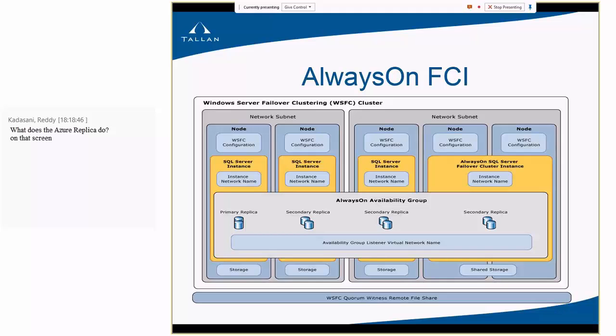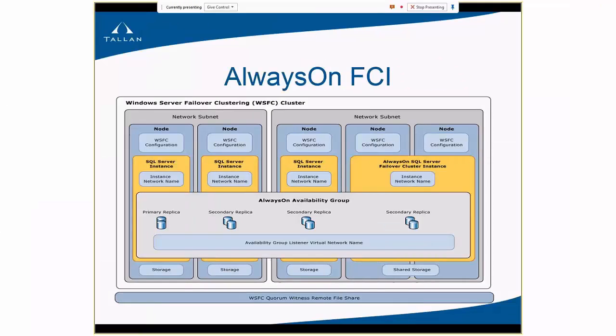Always On failover clusters. We were just talking about availability groups, and this is a failover cluster instance. Again, a failover cluster instance is high availability at the SQL Server instance level as opposed to the database level. An FCI is a single instance of SQL Server that is installed across Windows Server failover cluster nodes.